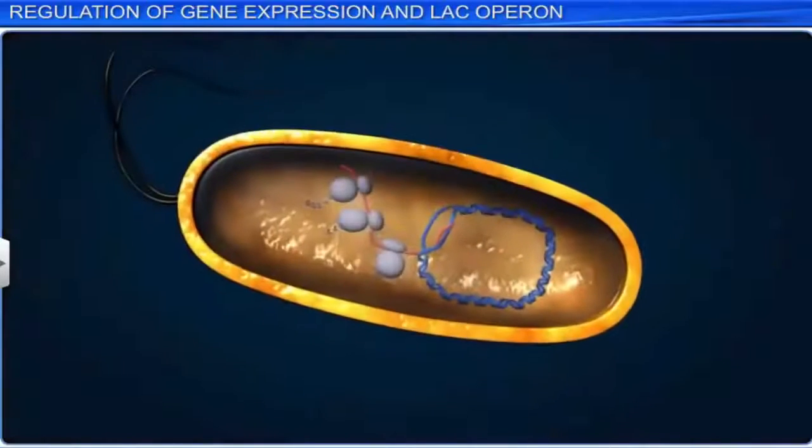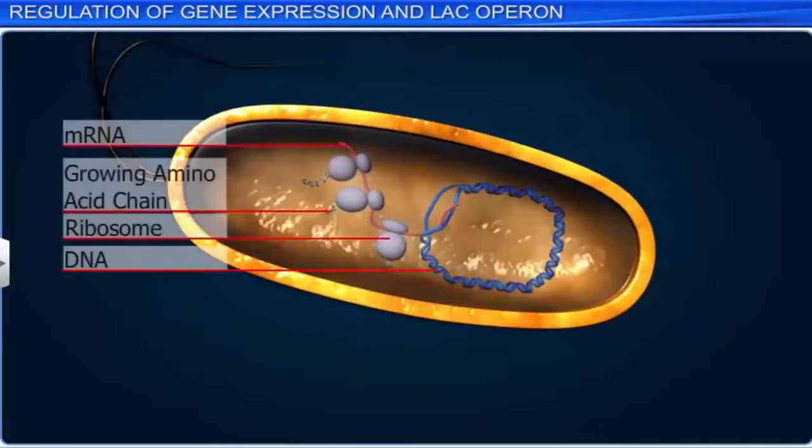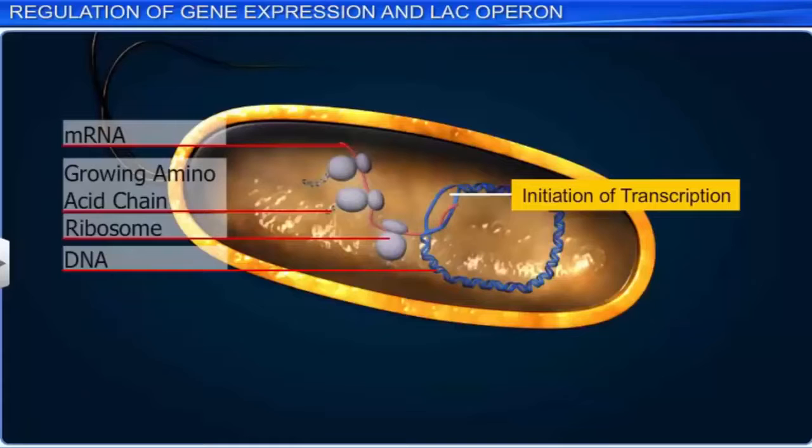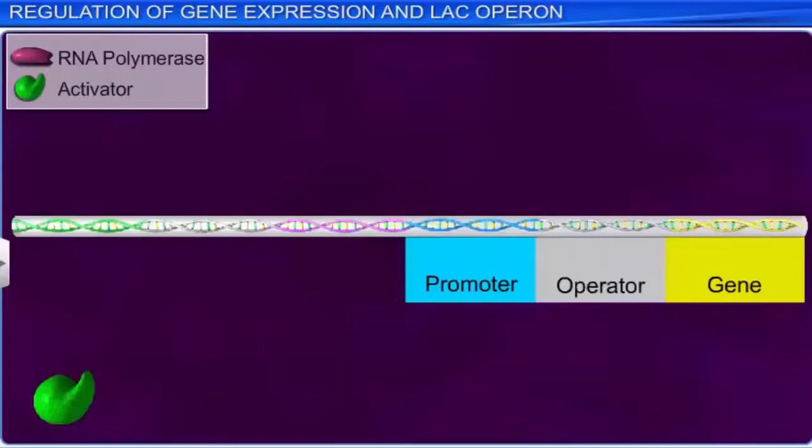In prokaryotes, the predominant site of gene regulation is the initiation of transcription. In the transcription unit, the interaction with accessory or regulatory proteins regulates the ability of RNA polymerase to recognize and bind to a promoter, that is, the start sites.